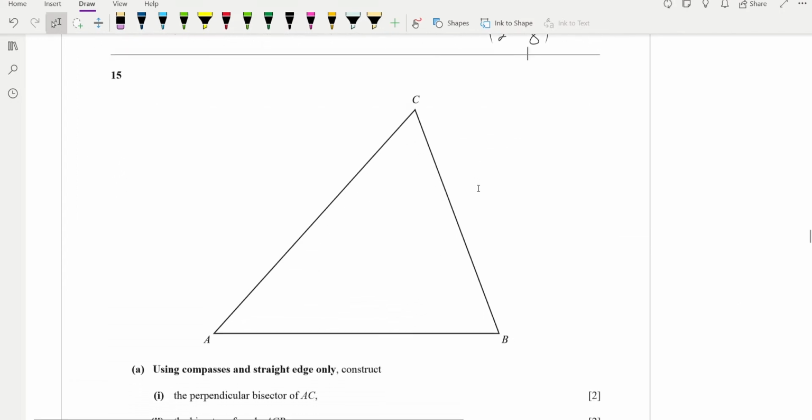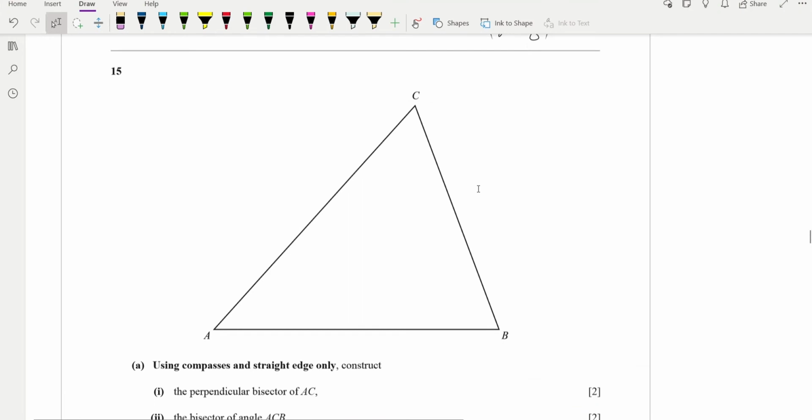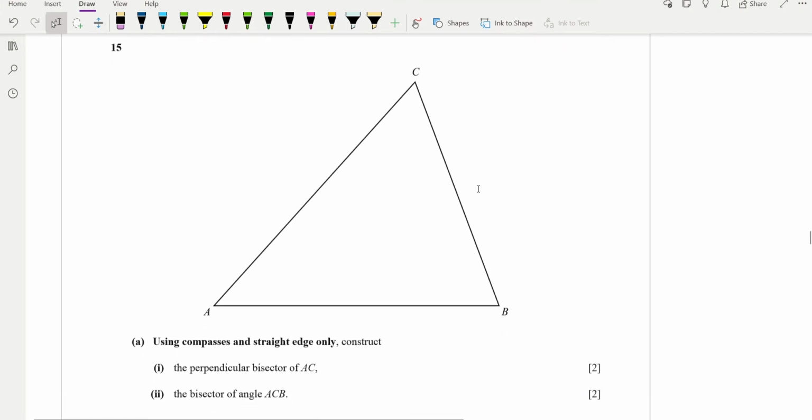3-mark question. Now question number 15 says using compasses and straight edge only, construct the perpendicular bisector of AC.